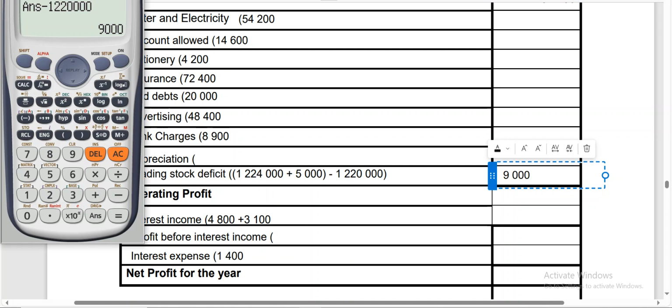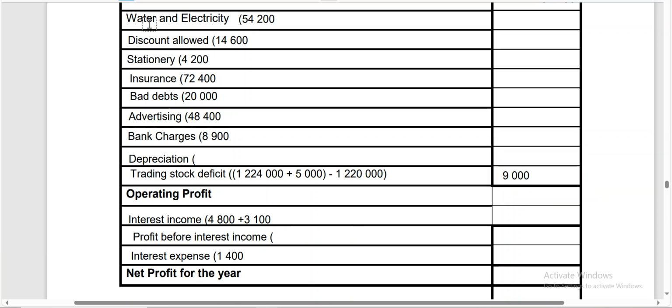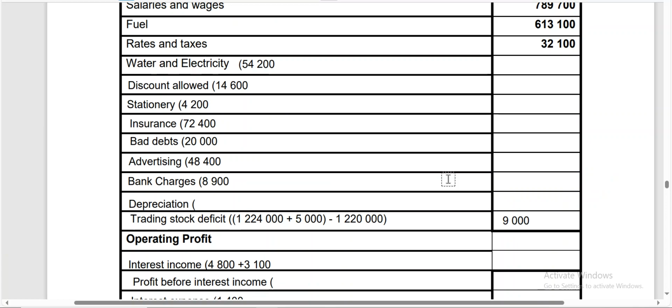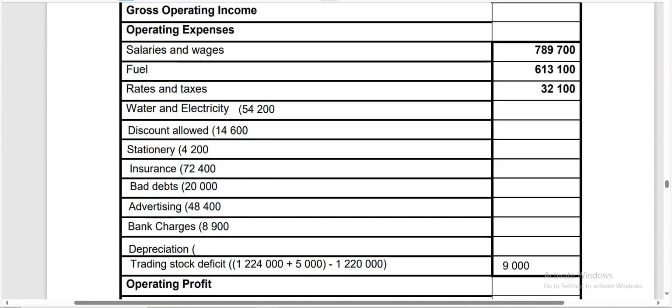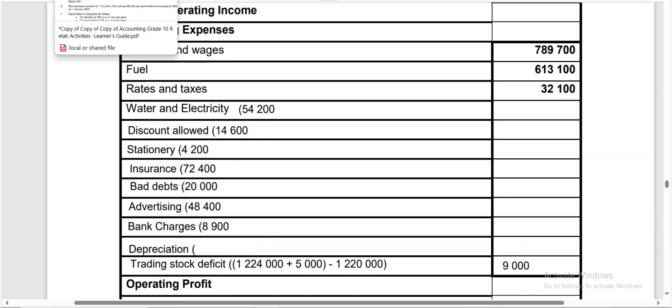Remember, when you do your calculation, you say 1,229,000 subtract 1,220,000, then it gives you that 9,000. So this will be about 5 marks on this transaction plus 2 on the balance sheet. So we are done with this. We have shown the effects on the balance sheet and also on the income statement.